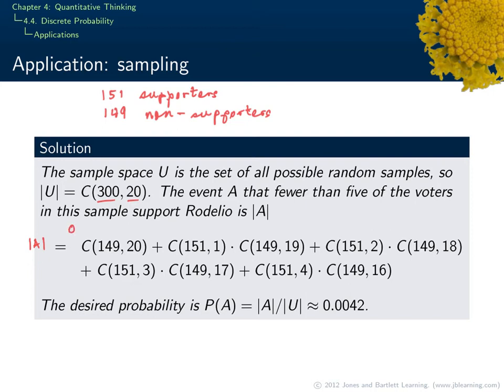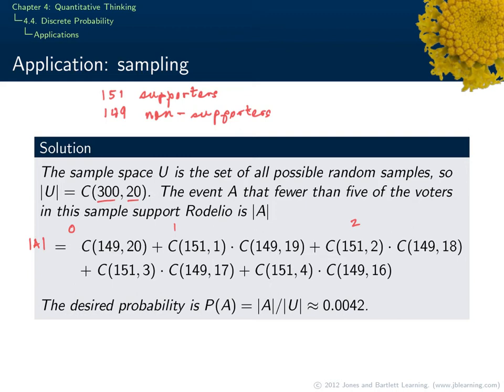Now we look at what happens if we have 1 supporter. Well, there's 151 ways to choose that 1 supporter, and then 149 choose 19 ways to choose the 19 non-supporters out of the 20. Now here we're imagining we have 2 supporters.